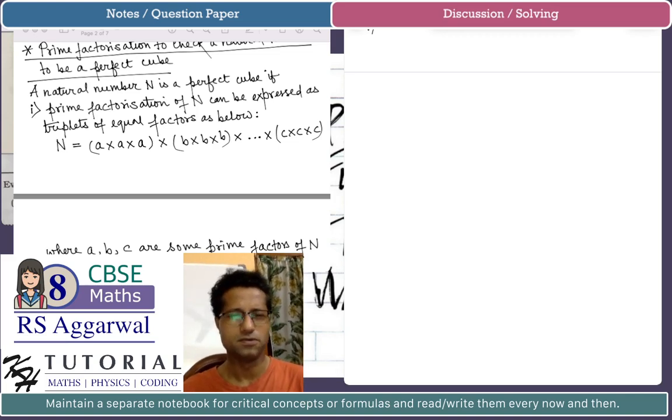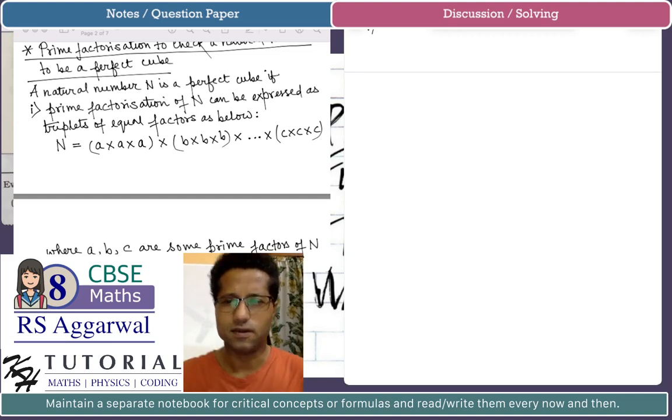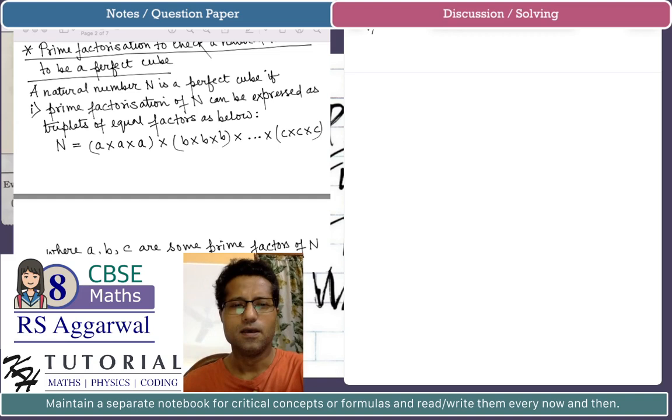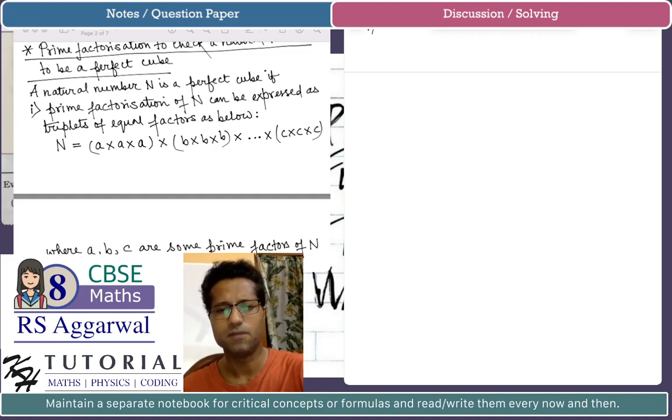Triplets mean three numbers. If a given number is n, first we find the prime factorization of n, and then we try to form triplets of equal factors, and each equal factor will definitely be a prime factor.